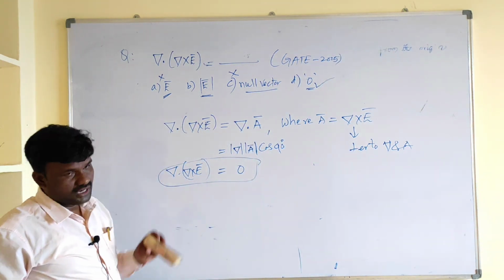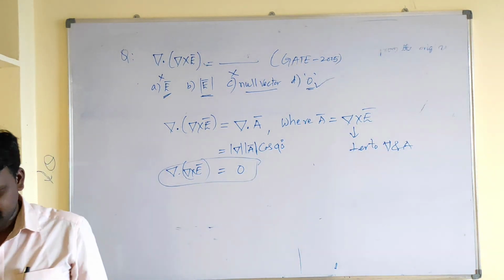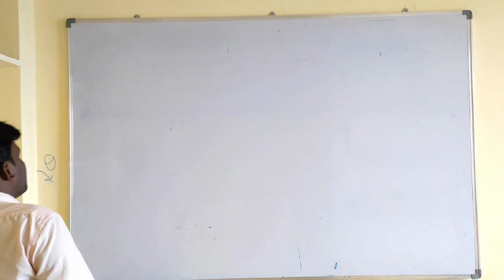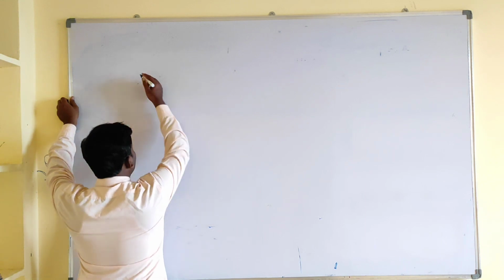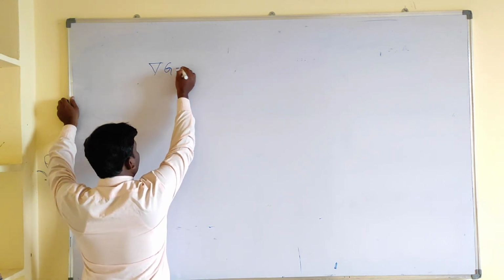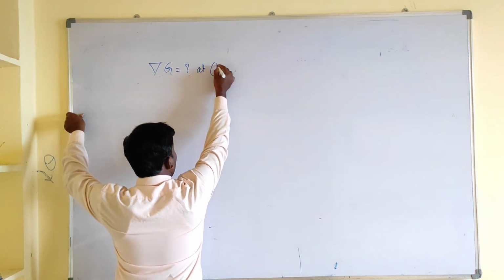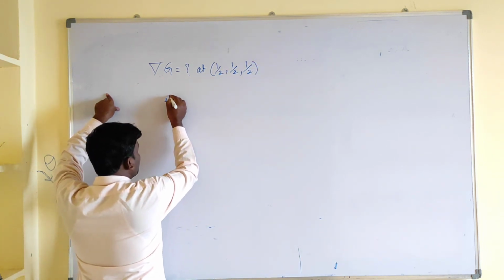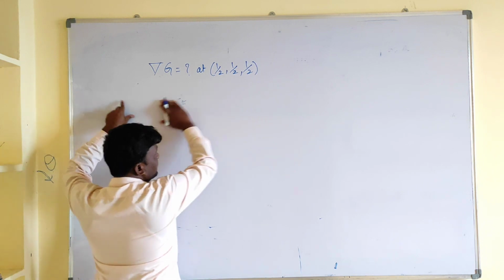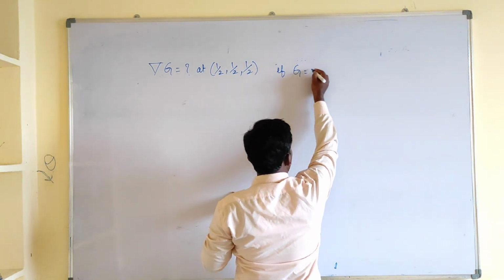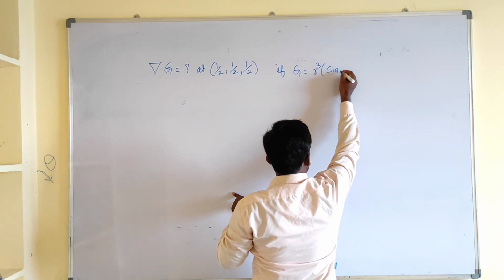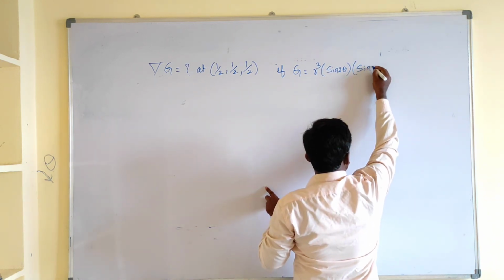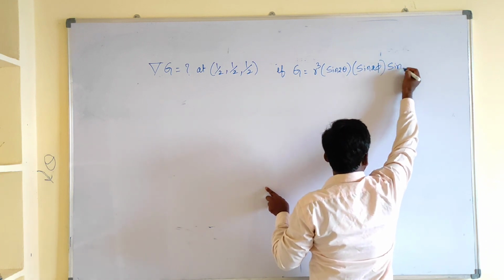Okay. Now we will solve another problem that is related to gradient. Find gradient of G, that is del G, at 1 by 2, 1 by 2, 1 by 2, if G is equal to R cube sin 2 theta sin 2 pi into sin theta.